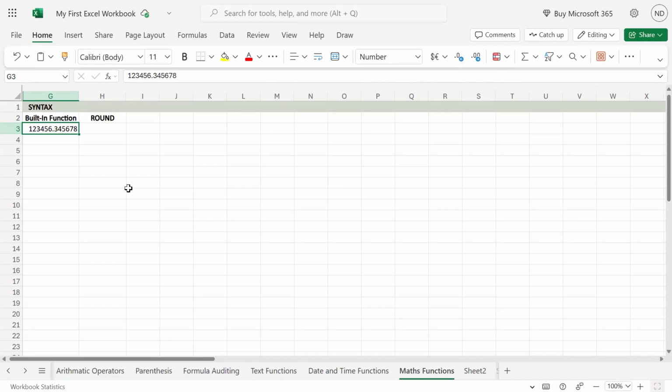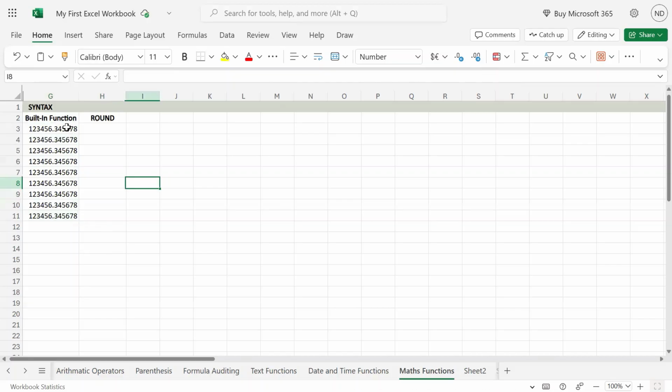So I have this big number which I want to round, because usually you do not require this kind of big decimal numbers, or you do not require the integers to be in such a minute format.